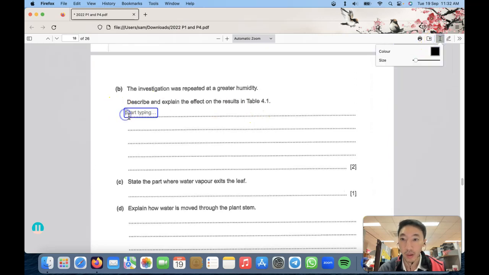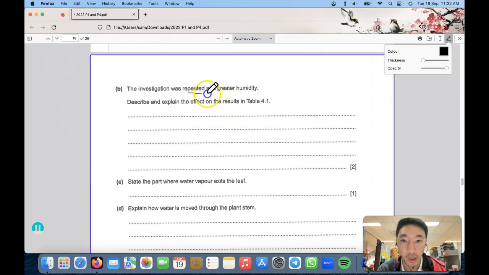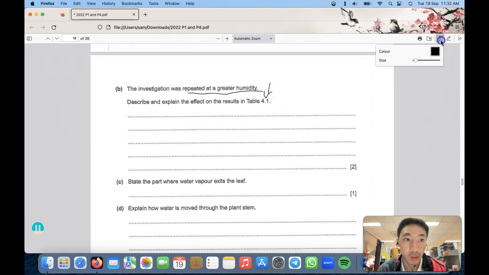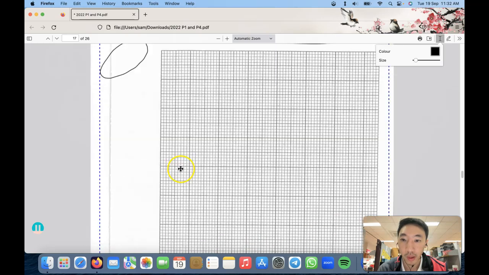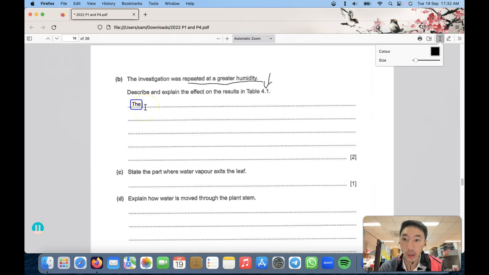Okay, let's move on. So, wow, this one is a bit hard if I never draw the graph. Describe and explain the effect on the results in the table if the experiment was repeated at greater humidity. Greater humidity means that the rate of transpiration will drop. So describe and explain the effects on the results in table 4.1. The higher the humidity, the lesser the rate of transpiration.